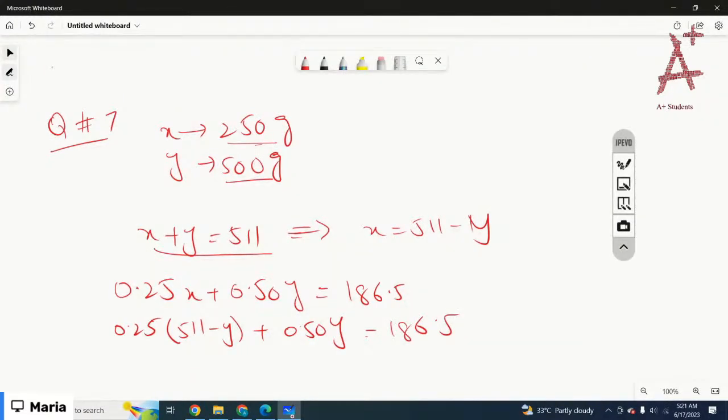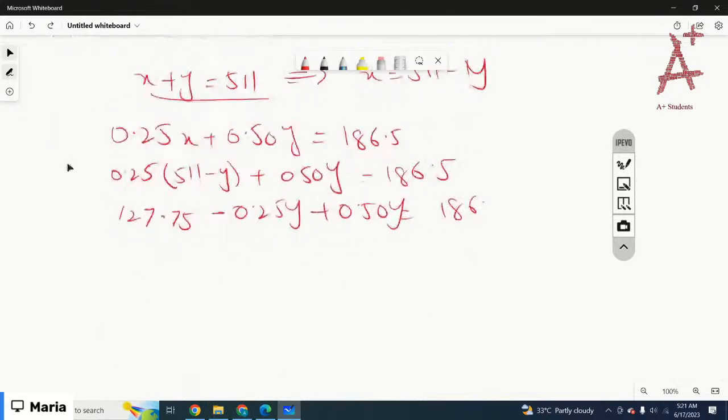It would be 0.25 times 511, so that equals 127.75, and 0.25 times negative y is negative 0.25y, plus 0.50y, and that equals 186.5. Got it? Negative 0.25 and plus 0.50 makes 0.25y here, and move 127.75 to the other side, it would then be subtracted.